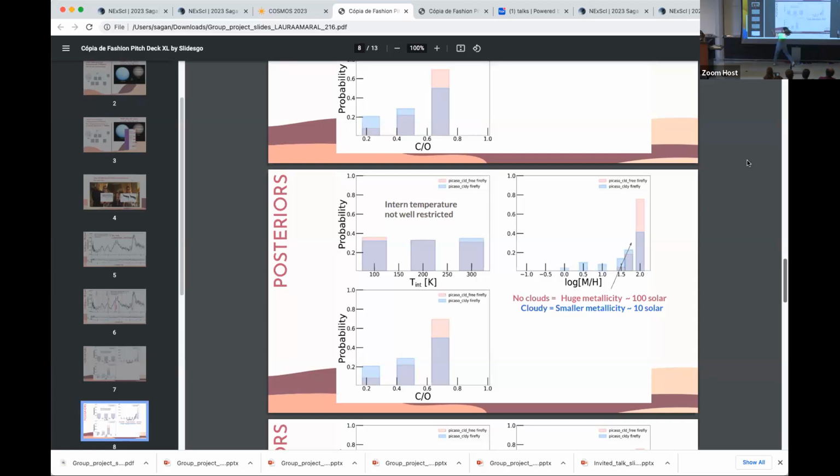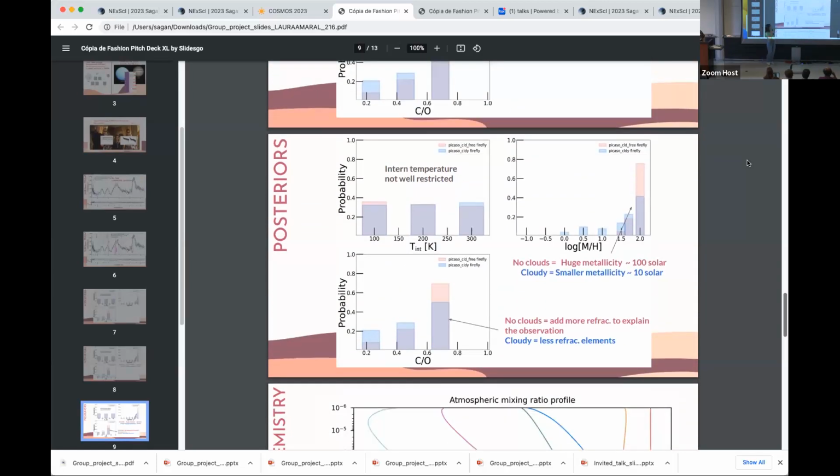And another one, please. In this slide you can see no clouds and clouds again, in red and blue. What I understand is that these are the refractory elements, the ratio between carbon and oxygen. When you have no clouds, you have to add more refractory elements to explain that, because we always have to blame the clouds.